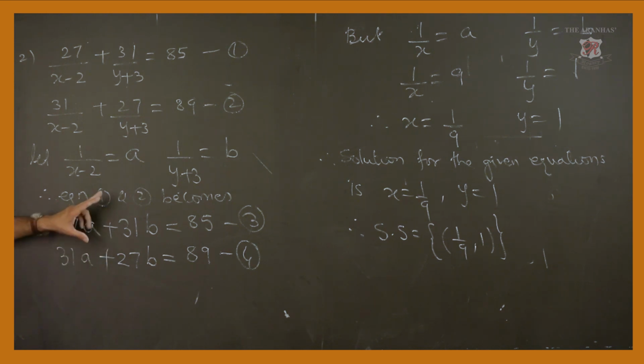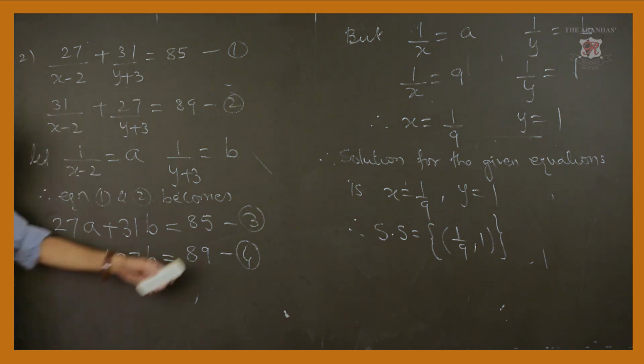If you add the two equations once, then subtract the two equations, you get the simple form of the equation. So, 27a, 27b, 31b, 31a. So, what I will do is once I will add and once I will subtract. So, first adding equation 3 and 4.